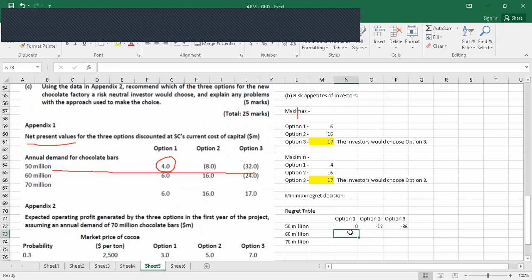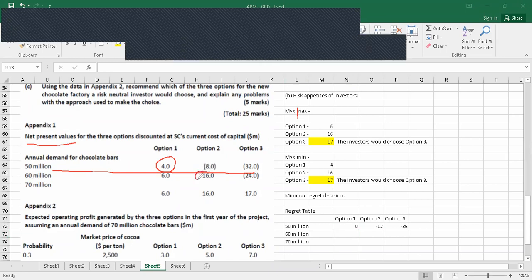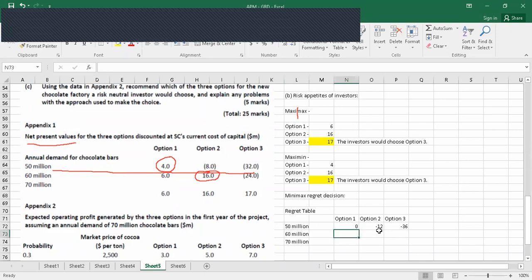Come to the next scenario, 60 million. For 60 million, the best possible thing is with option 2. 16 is the best. So if they choose option 2, regret would be 0 because that's the best NPV.